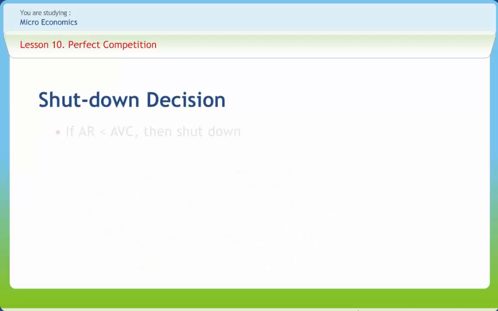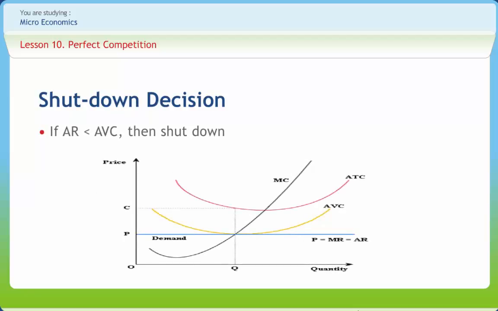Now we will discuss the shutdown decision. In the short run, a firm operating at a loss, R less than TC, revenue less than total cost, or P less than ATC, price less than unit cost, must decide whether to continue to operate or temporarily shut down. Here, in the diagram, total revenue is much lower than total costs, giving negative economic profit.